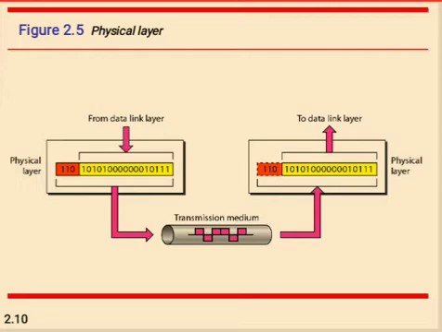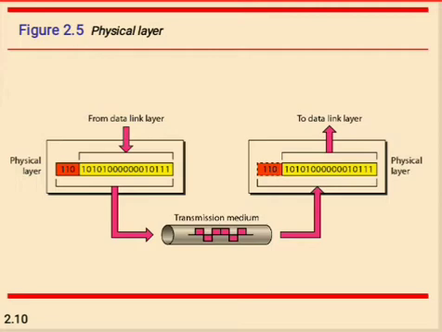This clock controls both the sender and receiver, thus providing synchronization at the bit level. These 0 and 1 are the binary numbers.